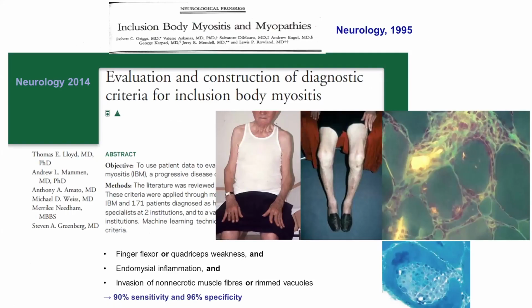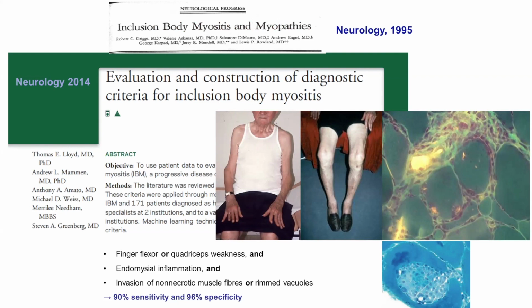But we had to wait more than 20 years to have the first definitions of inclusion body myositis, done by this group of experts in this workshop report.